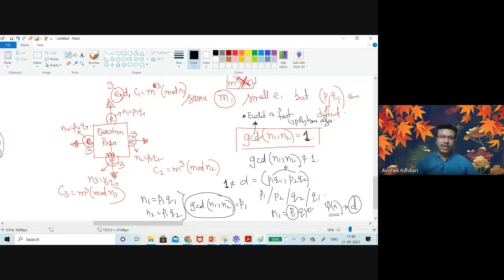Now assume that I am smart enough that I have not chosen the Pi values or Qi values such that this scenario will happen. So now I assume that the GCD of Ni and Nj is equal to 1. That means all of them are distinct, and all the primes used are distinct. Now can you find some algorithms to break it? Any idea?